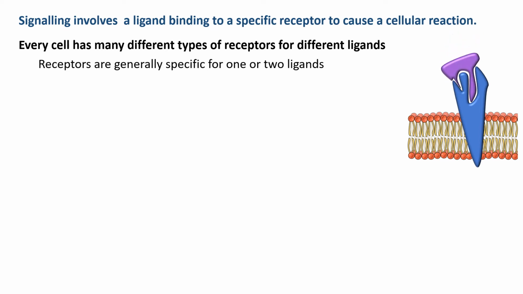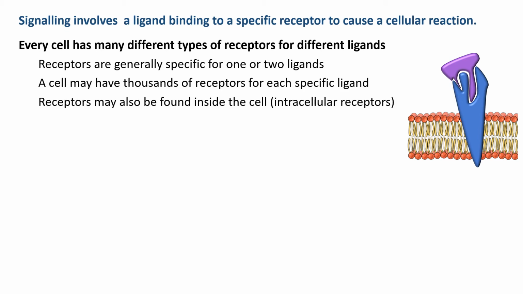Receptors are generally specific for one or two ligands. It's like that lock and key principle. The ligand has to fit the receptor. So the specificity of the receptor for its ligand is based on that principle. So most receptors are specific for only one or two ligands.